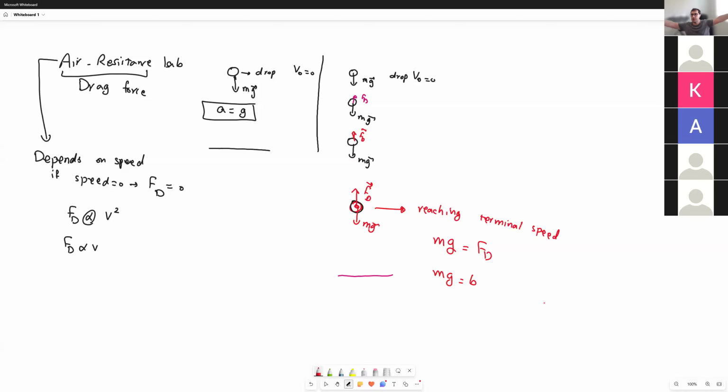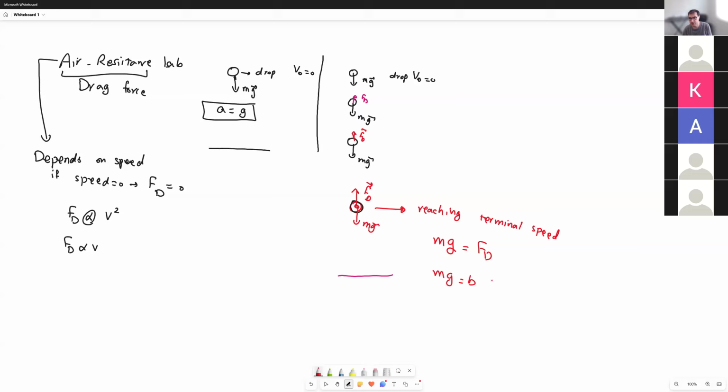The more area, you see that, for example, skydivers do this. They want to increase the area and they want to increase the value of b. If instead you fall down feet first, your b is going to be very small. So that's why skydivers do this. They call it a spread eagle position.